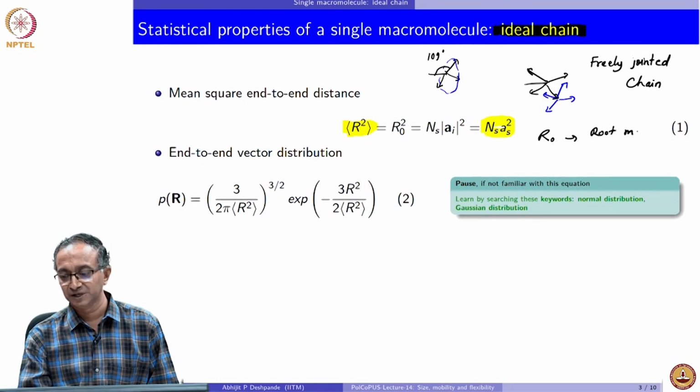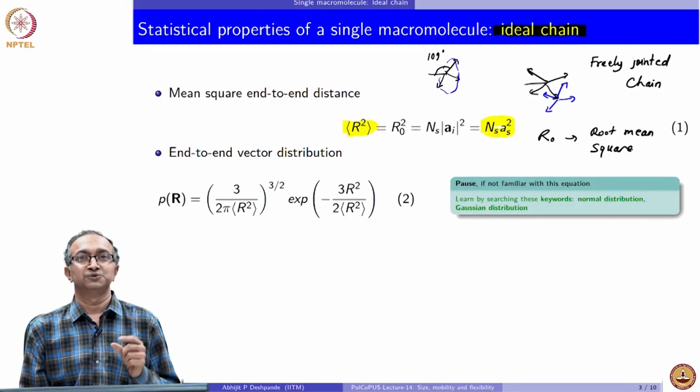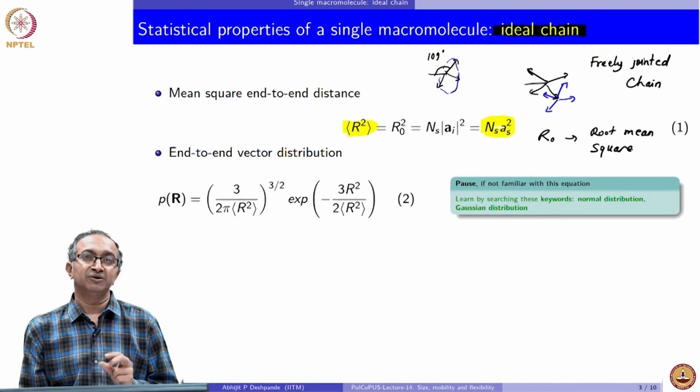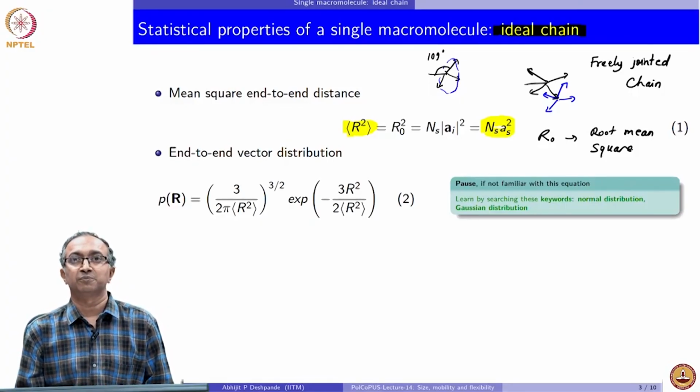So this is something you might have also seen in current in electricity, or any other random variable where mean is going to be 0, root mean square is a useful measure. So you can think of how this end-to-end vector, the way I described it in the last lecture, a useful statistical property to describe it is not mean itself, but root mean square.